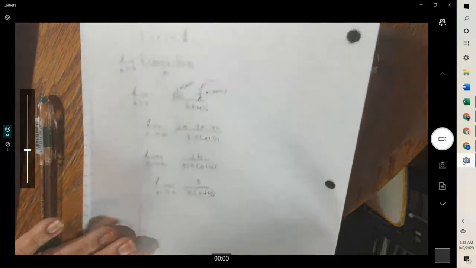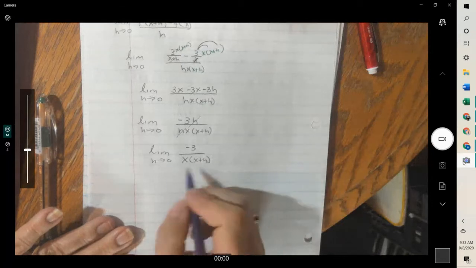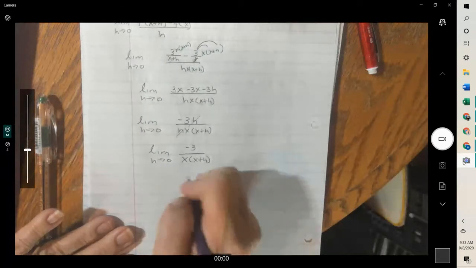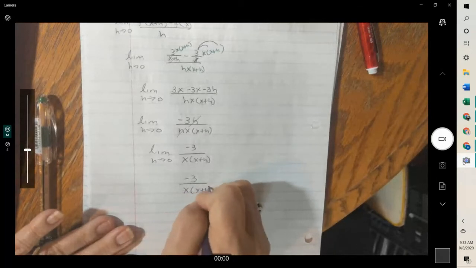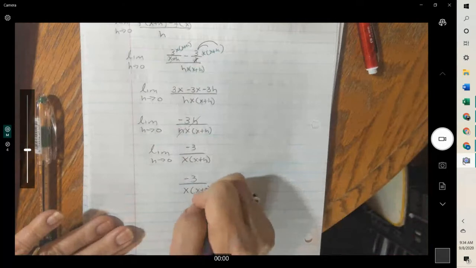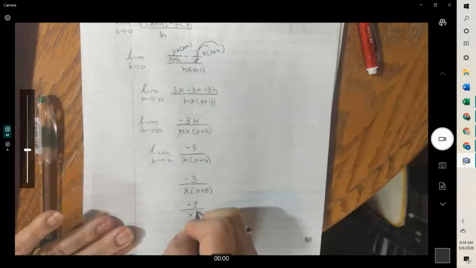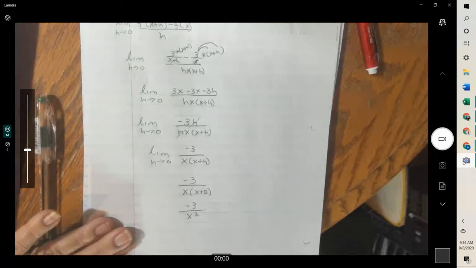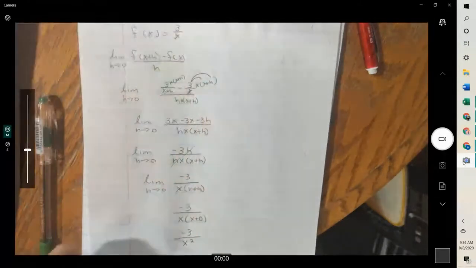Now that we canceled that original h that was in the denominator, you can plug your 0 in for h. Remember, it's just h. So it's negative 3 over x times x plus h. And in place of the h, put your 0. Negative 3 over x times x, which is x squared. Again, this is another one where in one step you go from here to here.